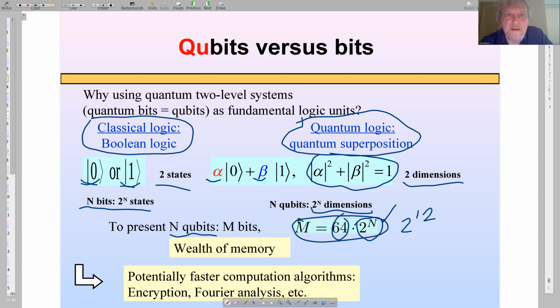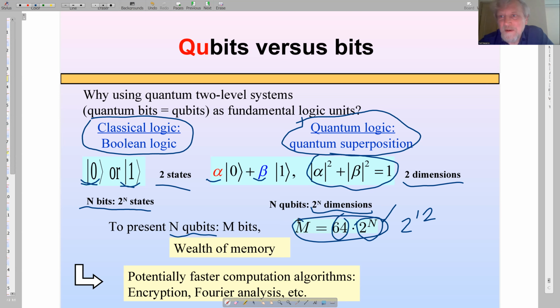With 40 qubits, you could represent all music which has ever been played in the whole world since the invention of music.